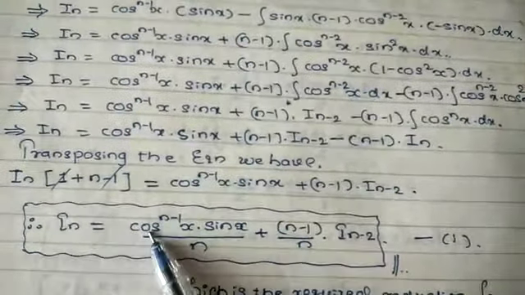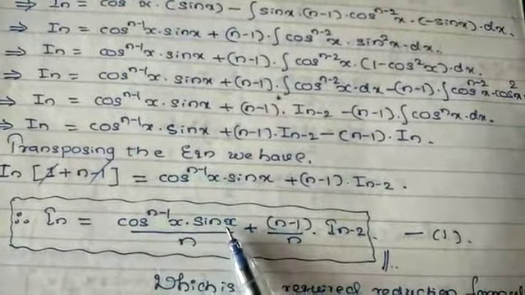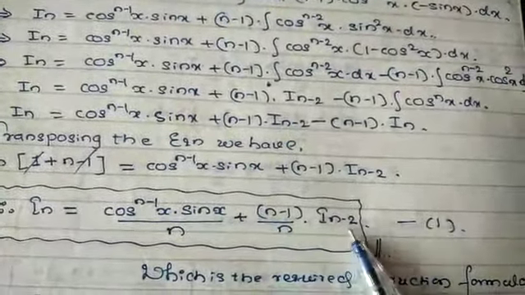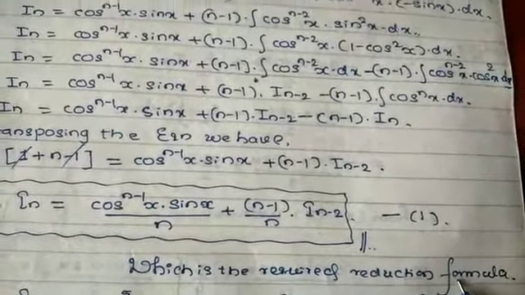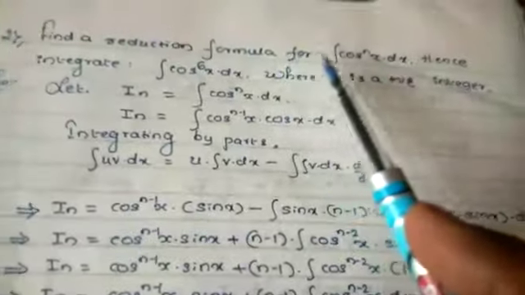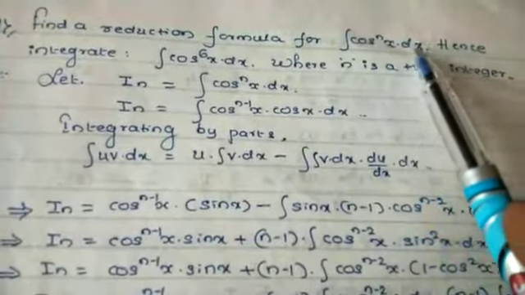Therefore I_n equals cos raised to n minus 1 x into sin x divided by n, plus n minus 1 divided by n into I_n minus 2, which is the required reduction formula for integration of cos raised to n x with respect to x.